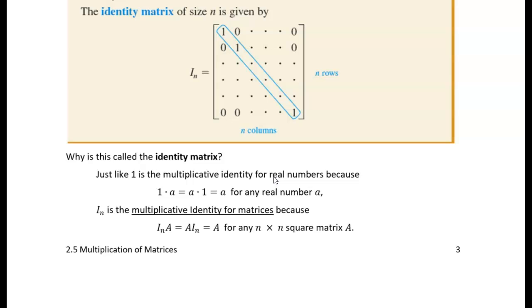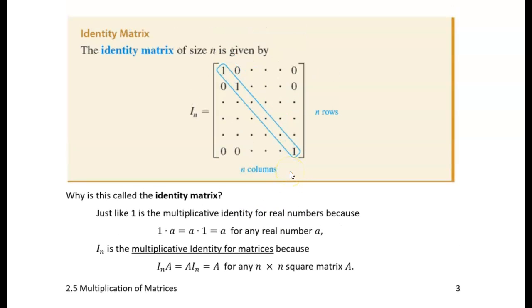And the same with the identity matrix. It's a matrix that we can multiply by any other matrix, as long as the sizes are the same. And so this is in the case of an n by n identity matrix. So then it's like the one. It's the multiplicative identity for matrices.